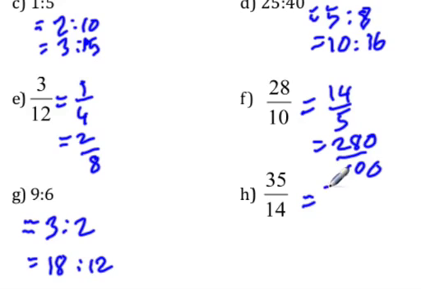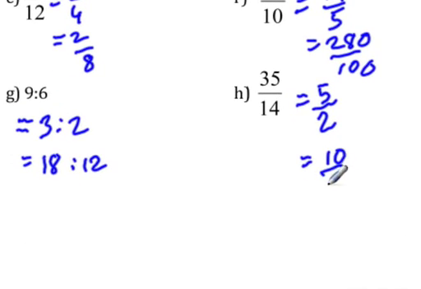So then if you divide 35 by 7, that's 5, and 14 divided by 7 is 2. So in lowest terms, it's 5 over 2. We could have said 10 over 4, 20 over 8, etc. So there's all kinds of equivalent fractions or equivalent ratios for each of these.